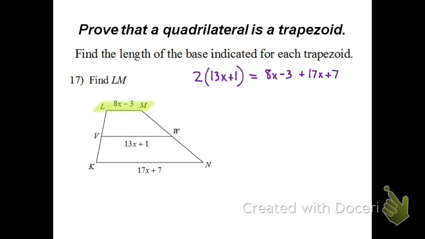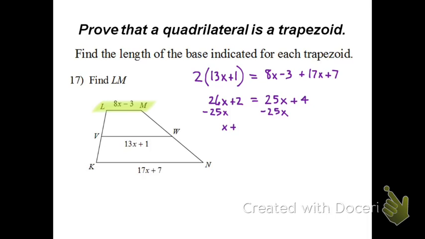Let's solve. Sorry about that. Okay, so if we distribute, we have 26x plus 2, and that's equal to 25x plus 4. No way. Alright, if we solve in this step, we're going to cancel out the 25x's through subtraction.